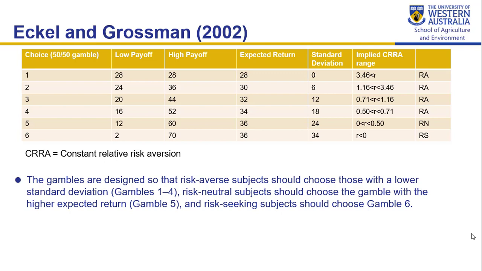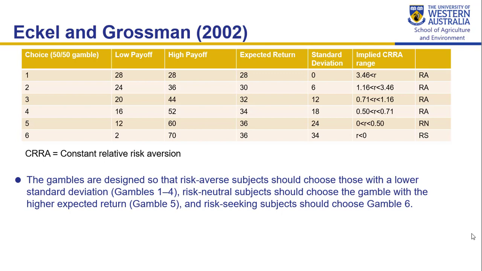So assuming these gambles, what we can observe from the respondents is their choice, like which gamble they would like to play. And based on that choice, we can classify them into different risk aversion categories.